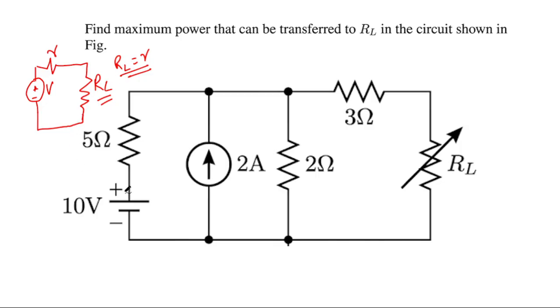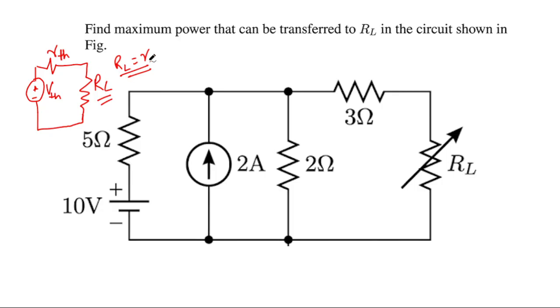But this circuit has multiple sources. So we will make an equivalent circuit similar to this, with a single source and some internal resistance. That is called the Thevenin resistance. When we find the equivalent circuit of this circuit, the value of this voltage becomes VTH, and the value of the internal resistance becomes RTH.